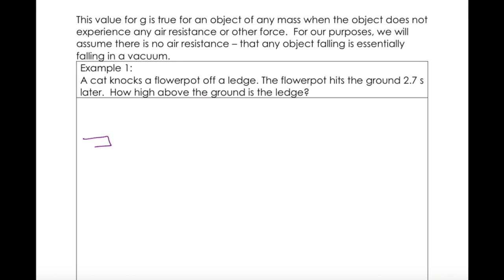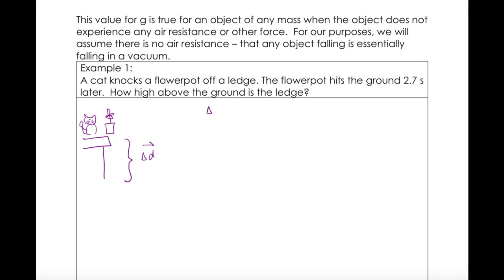I'm going to first start off by drawing a picture just to get a better idea of what's going on. So I have a cat, and they're going to knock a flower pot off a ledge. This is what we want to know: how high above the ground is the ledge?